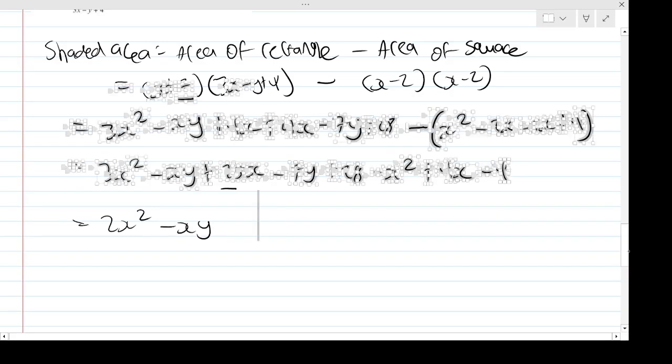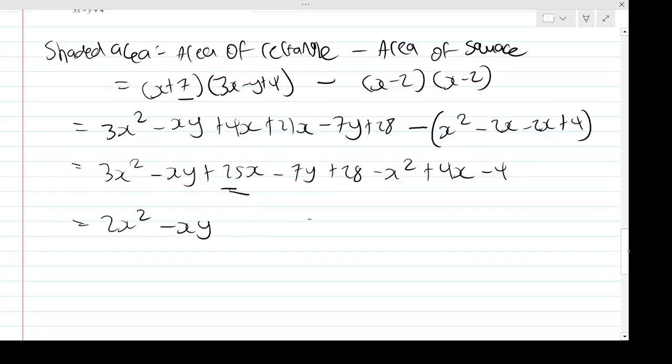Then I have an x term by itself, so I have 25x, and then I have another 4x, that'd be 29x. And then I have a y term, a minus 7y. But that's the only y term, so that's minus 7y. And then the last bit is these numbers at the end, these constants. So I have a 28 minus 4, that will be plus 24.